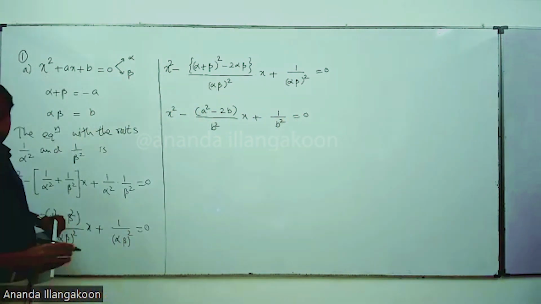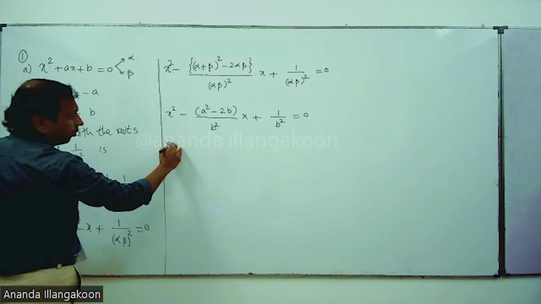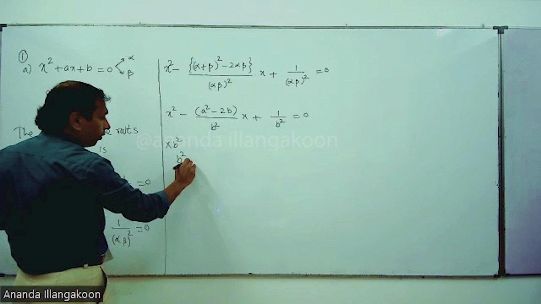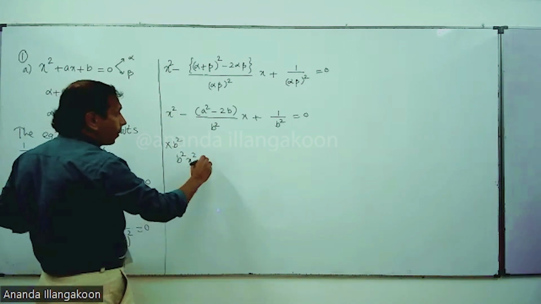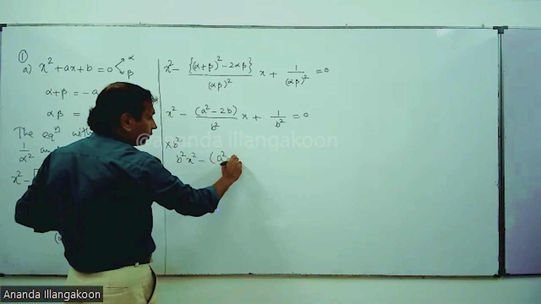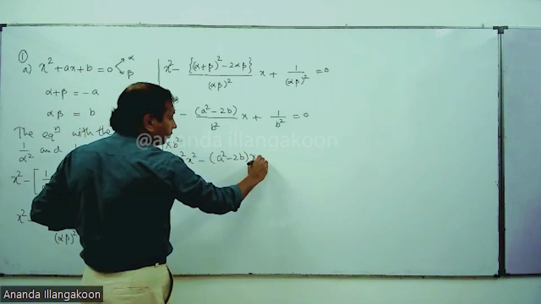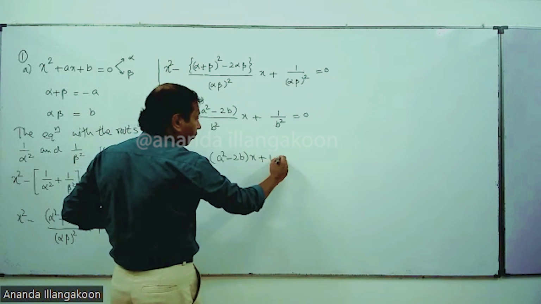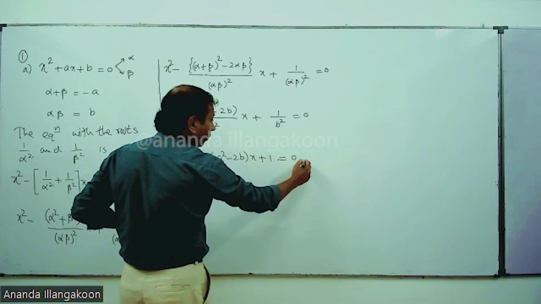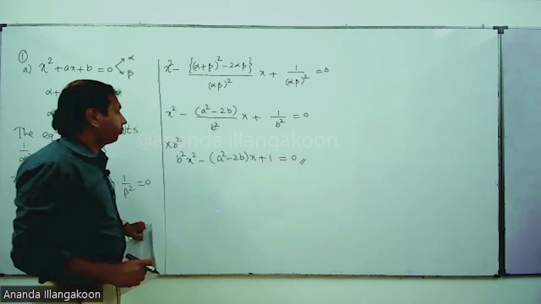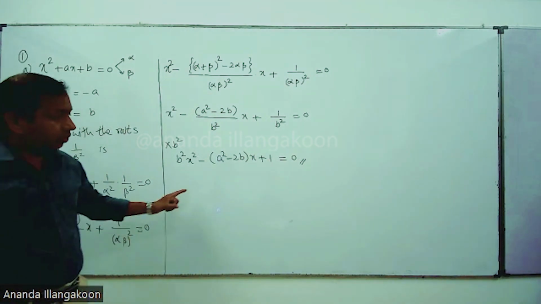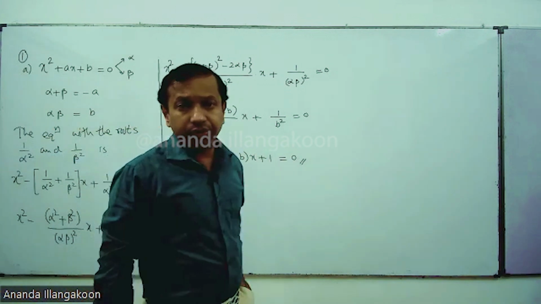So now we can multiply both sides by b squared. Then here we get b squared x squared minus (a squared minus 2b) times x plus 1 is equal to 0. Right? This way we get the quadratic equation whose roots are 1 over alpha squared and 1 over beta squared.